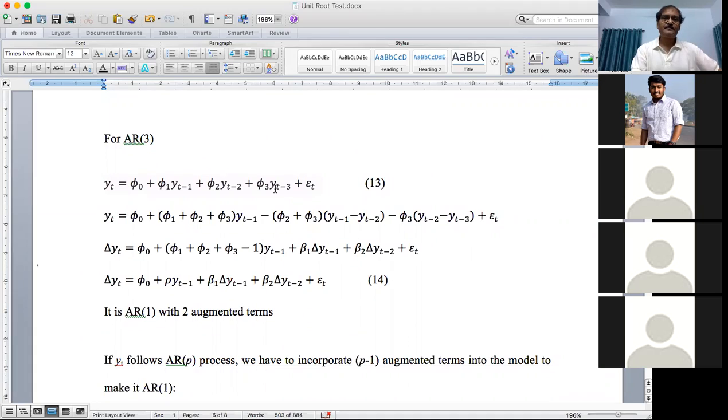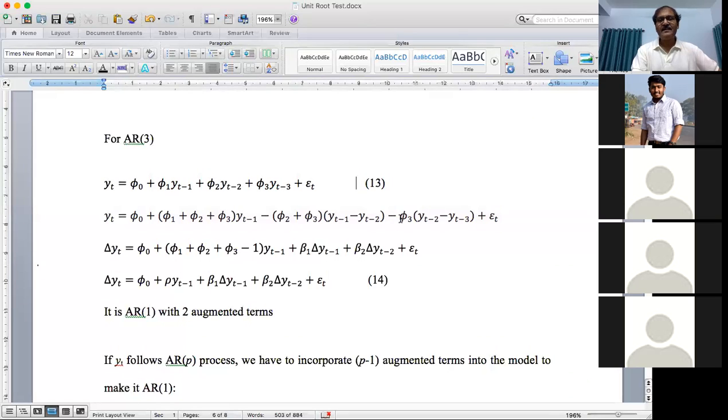How to follow? First of all, we have to convert this term into difference form. For that reason, we have to change this component into yt minus 2 minus yt minus 3. So for that purpose, you need minus phi 3 yt minus 2, which was not in our original form.